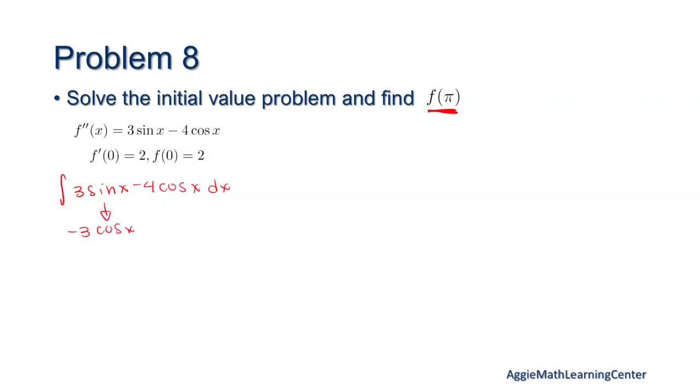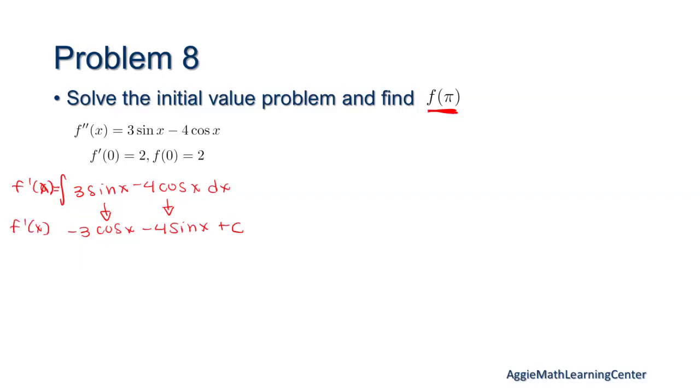And the integral of negative 4 cosine is negative 4 sine. And then I've got that plus c. So this is my f prime of x.